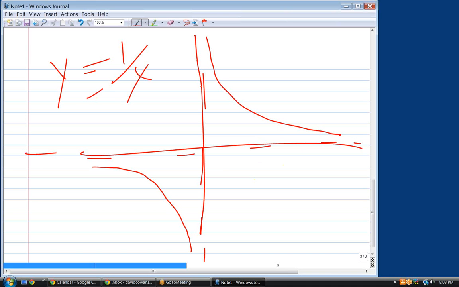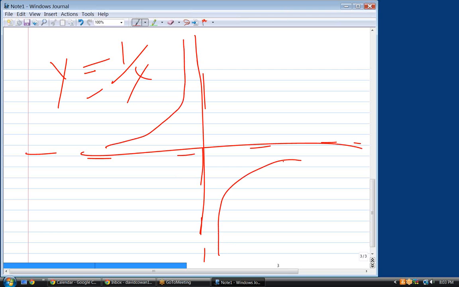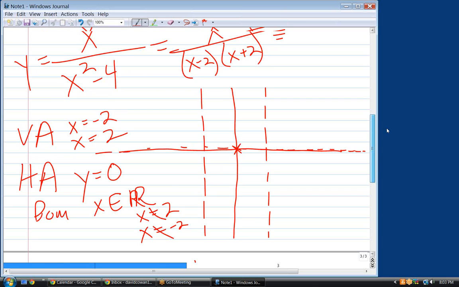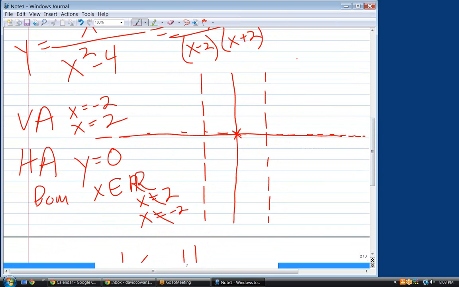So hyperbolic functions tend to look like this. I put a minus sign in front of that, and all of a sudden, instead of the first and third quadrant, it goes into these two quadrants. Okay? So that's what a hyperbolic function looks like. Now, this is going to look something like this.